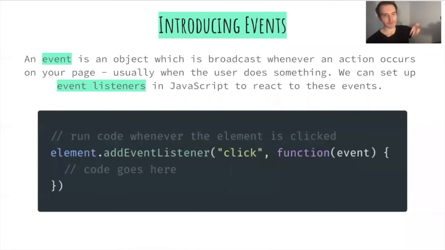So an event in JavaScript, we can think about as an object. The thing that we learned about last lecture with the magical super variable, an object, just like the document object. An object is essentially emitted or broadcast whenever an action occurs on the screen. So usually if the user does something. Examples of these actions could be a click.